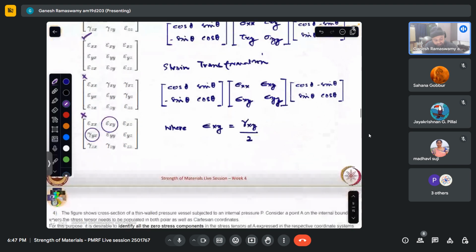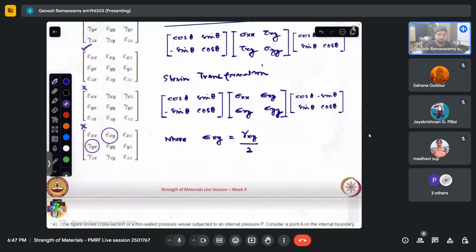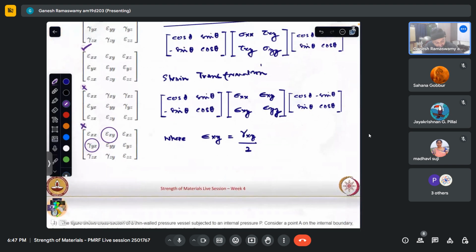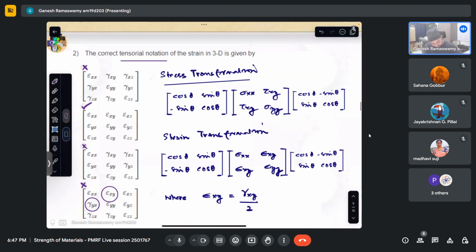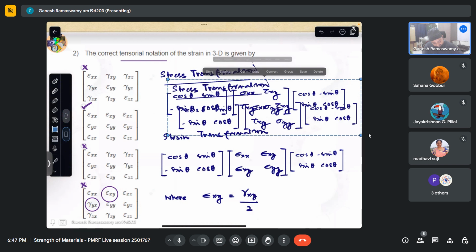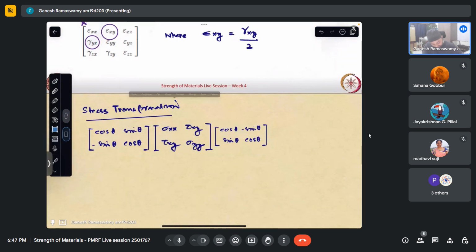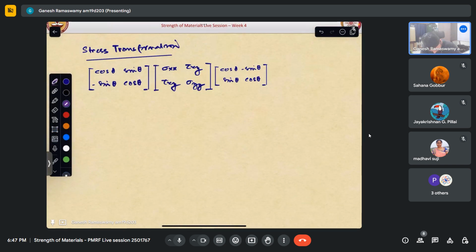This has a direct correlation on our Mohr's equations, because we had seen that this essentially can be recast, when it is simplified and recast, as Mohr's circle's equation.